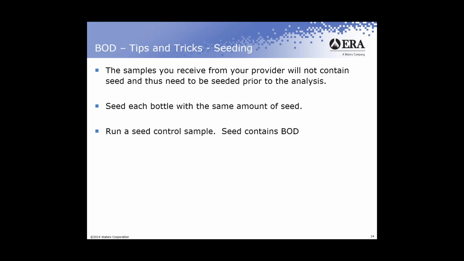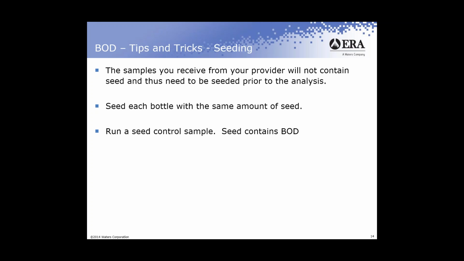So what's important to remember is to make sure that you're using the proper amount of seed. Not enough seed isn't going to give you enough depletion. Okay? And too much seed will give you too much depletion. It's going to give you high results. So in order to make sure that the quality of your seed is good, you want to run a seed control. That seed control should give you a DO uptake of somewhere between 0.6 and 1 milligram per liter.